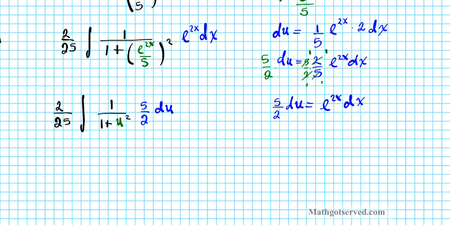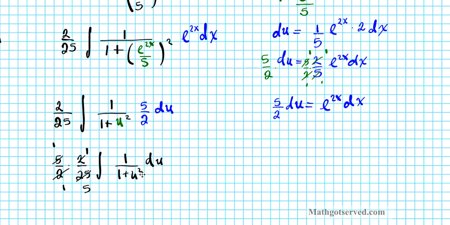So if we factor out 5 over 2, we'll have 5 over 2 times 2 over 25 times the integral of 1 over 1 plus u squared du. This looks much better than what we had before. If you notice, we can carry out some simplification of these two factored out constants: 2 goes here 1, 2 goes here 1, 5 goes here 1, 5 goes here 5 times.